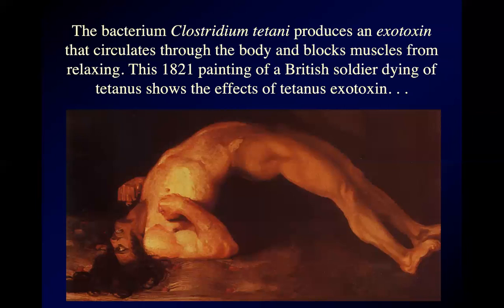That's why he's in this back bend, and his fists are clenched, and his toes are curled, and his arms are drawn up like this, and his whole back is bent. That's the effects of tetanus exotoxin. Its effect is to allow your muscles to contract but not relax, so you seize up like this.